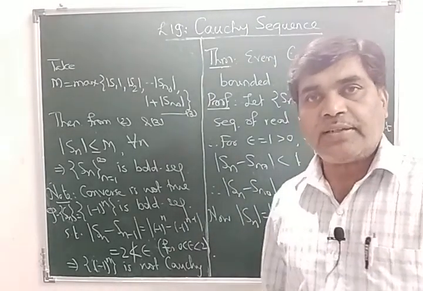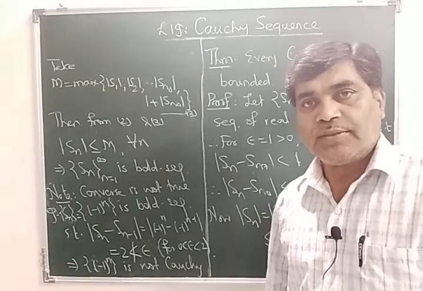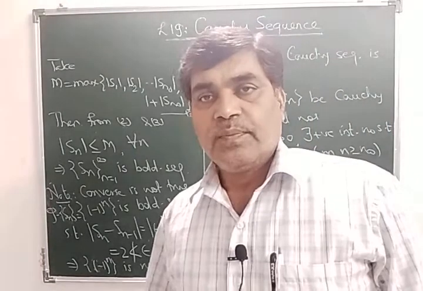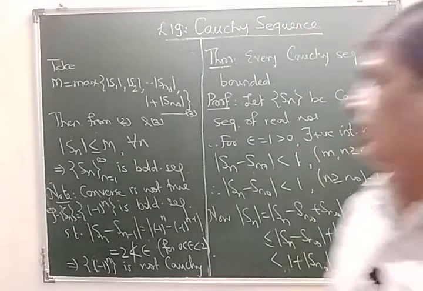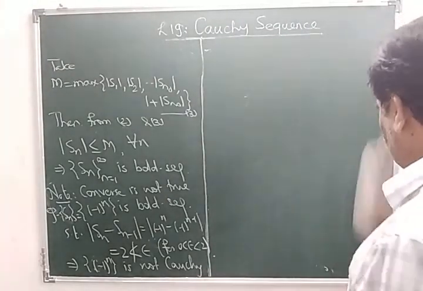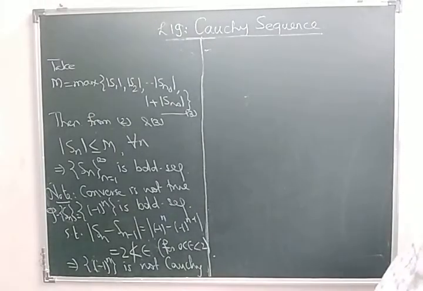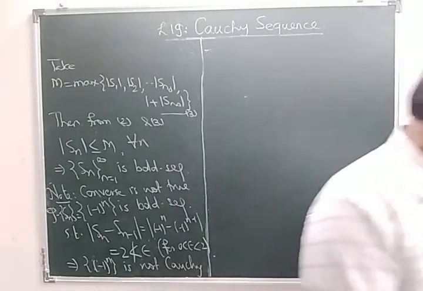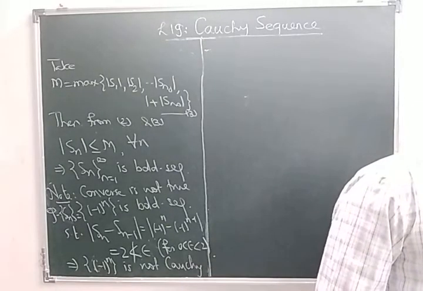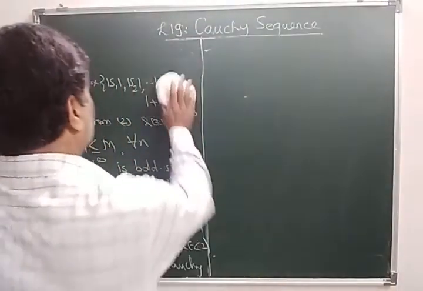I am again saying that every convergent sequence is Cauchy. So if you get an example of a bounded sequence which is not convergent, that must not be Cauchy. And now we'll prove the important result that every Cauchy sequence is convergent.